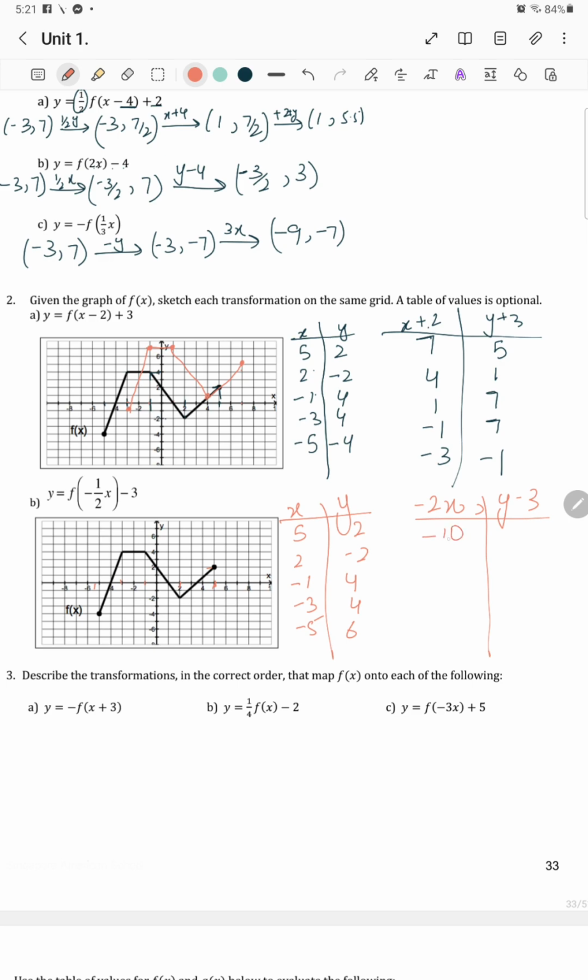So minus 10, minus 4, 2, 6, 10. y minus 3: 2 minus 3, minus 1; minus 2 minus 3, minus 5; 4 minus 3, 1; 4 minus 3, 1; 6 minus 3, 3.